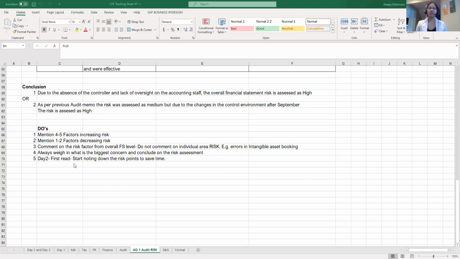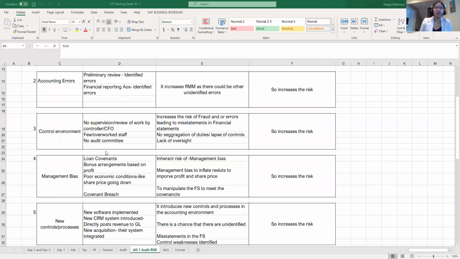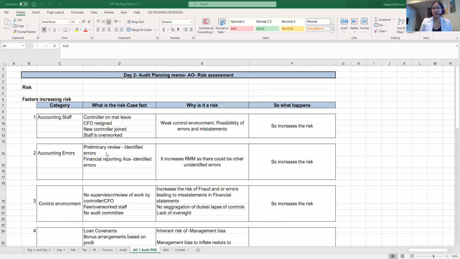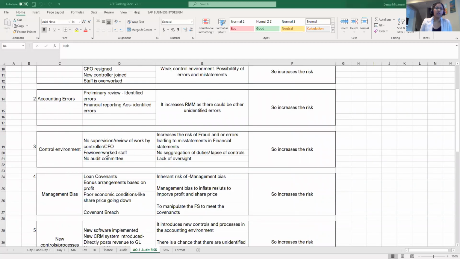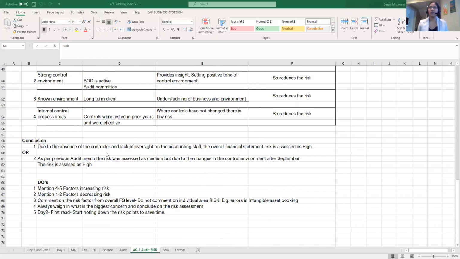Only for the financial reporting errors I used to leave blanks, and then fill them in. But almost all other factors, like the controller, management bias, covenants, you would find in your first reading. So it becomes easier that your one AO is done alongside your reading.